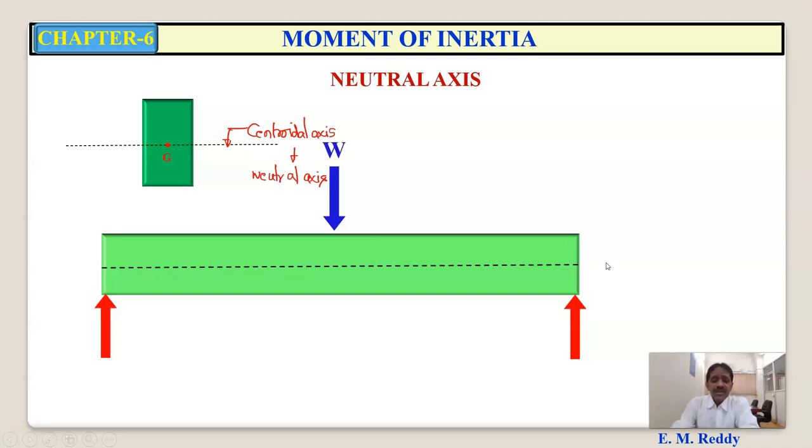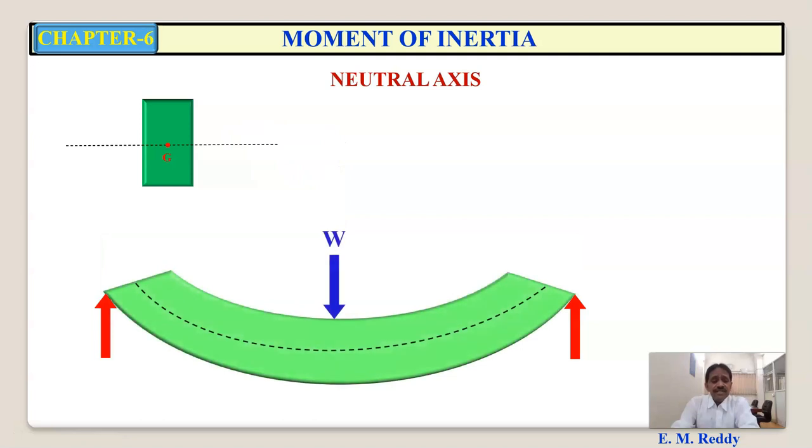Now because of this applied load, you will find that the beam bends, right? In the bending position, the fibers or layers of the beam above this centroidal axis are in compression, and the layers of the beam below this axis are in tension.